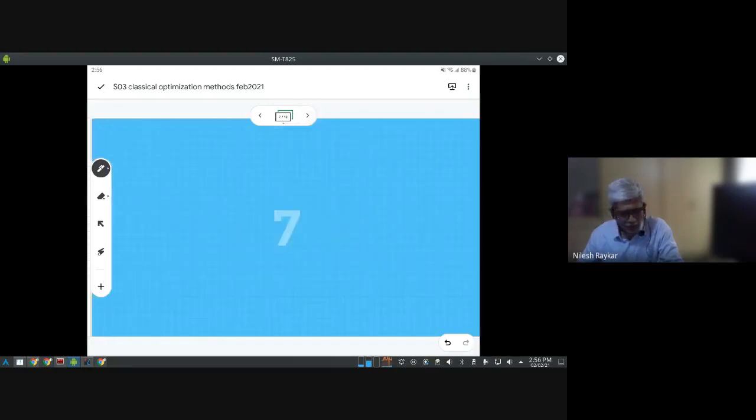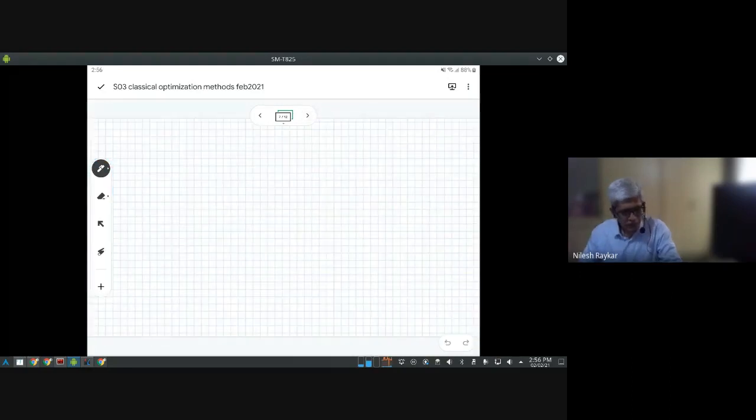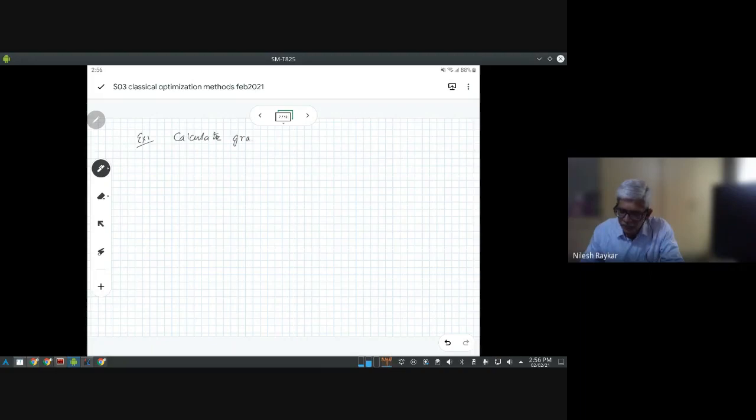It's almost 1 hour. So I will write down one problem, and I will give you 5 minutes to solve it. You have to calculate the gradient and Hessian matrix for the following function.